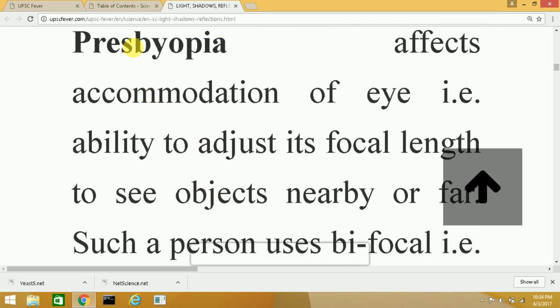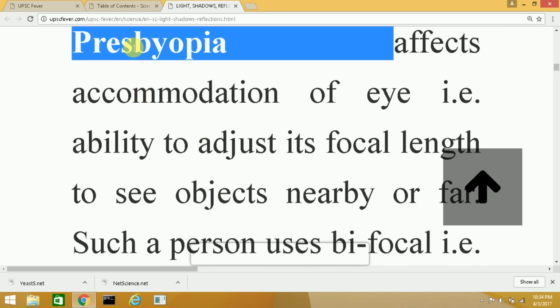Presbyopia affects the ability of the eye to adjust its focal length, and so it is tough to see objects that are both nearby or far away, because the eye has to be adjusted properly before such objects are viewed. Such a person needs bifocal lenses where the upper part is concave for far sight, whereas the lower part is convex for near sight, and it is common in people who have crossed the age of 40.